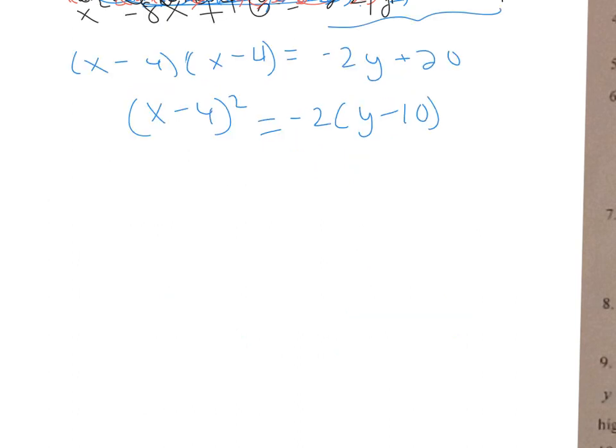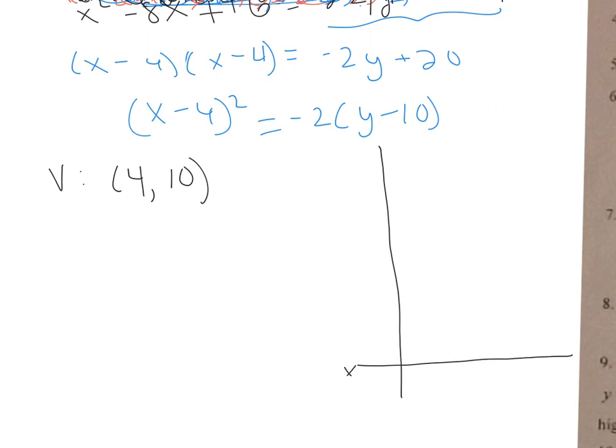All right, so I'll identify my vertex. My vertex is 4, 10. And I'll draw a picture here. So I have 1, 2, 3, 4. 1, 2, 3, 4, 5, 6, 7, 8, 9, 10. There's 9 and there's 11. So I have 4, 10, which is right here.